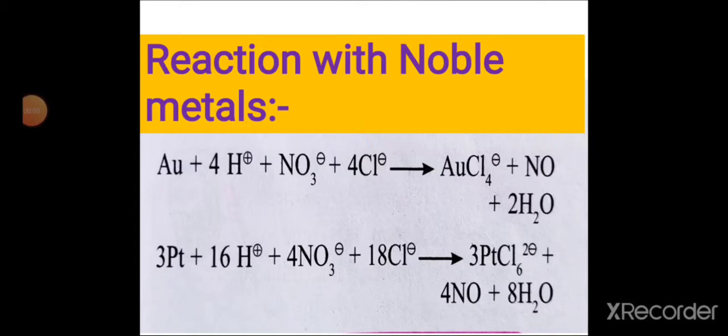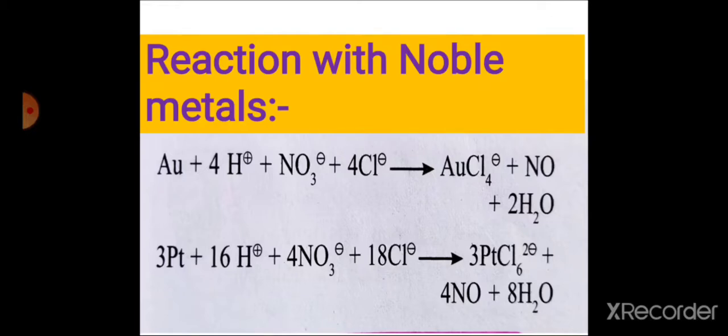Then reaction with noble metals. Metals like gold, platinum and silver are called noble metals because they resist chemical action. They are non-corrosive in nature. That's why they are called noble metals. These noble metals react with aqua regia solution.